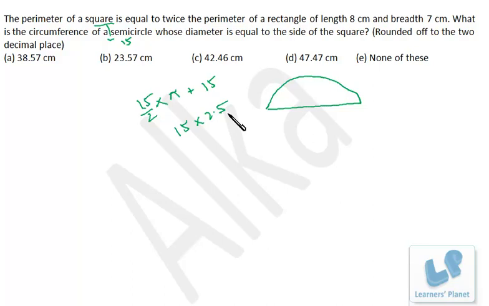So 30 plus 7.5, something around 37.5, that is closer to this. If you go for exact calculation with 3.14, you can get the same answer, but you need to save time, so just get the approximate idea. Right? So 38.57 will be the correct choice. I hope you are clear. With the minimum paperwork, you have to do the sums.